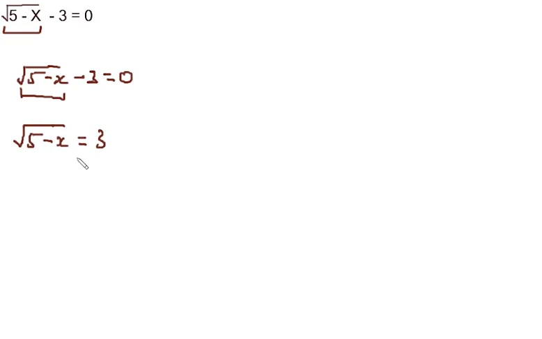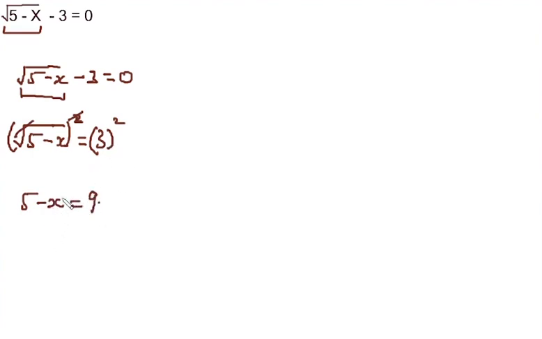So the next step, once you've isolated your radical, is to take the square of both sides. I'm taking the square of both sides because I have a square root here. If I had a cube root here, I'd be taking the cube of both sides. So the square cancels out the square root, so that I have 5 minus x is equal to 3 squared, which is 9.